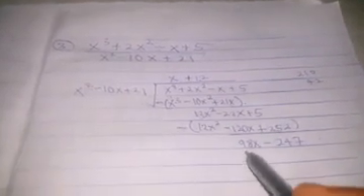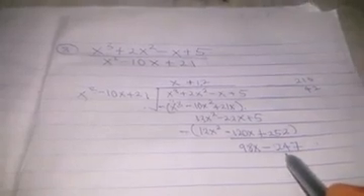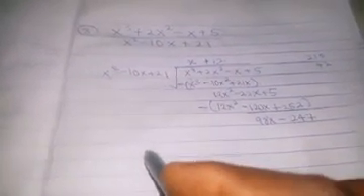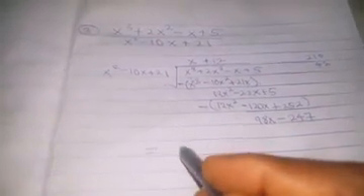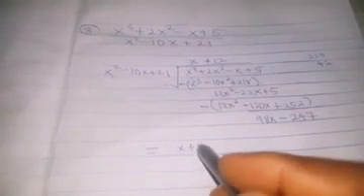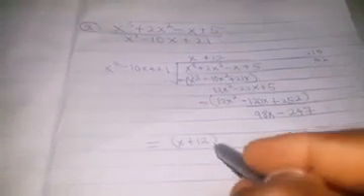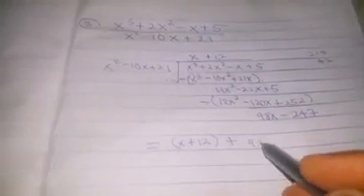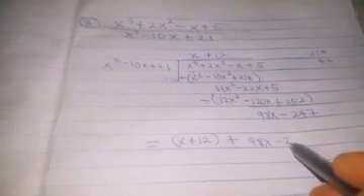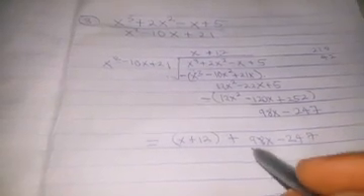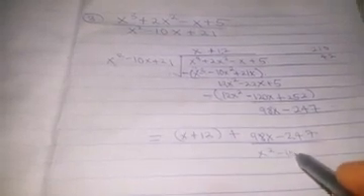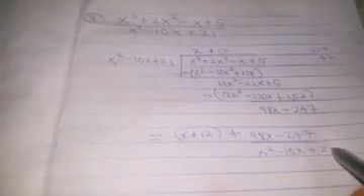Okay, so we get 98x minus 247. So using our breakdown, our quotient here is x plus 12, okay, plus our remainder 98x minus 247 divided by our divisor x squared minus 10x plus 21.